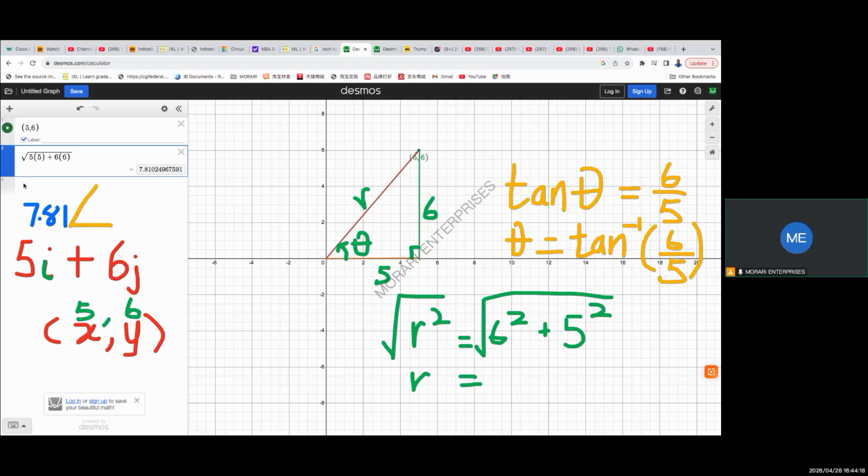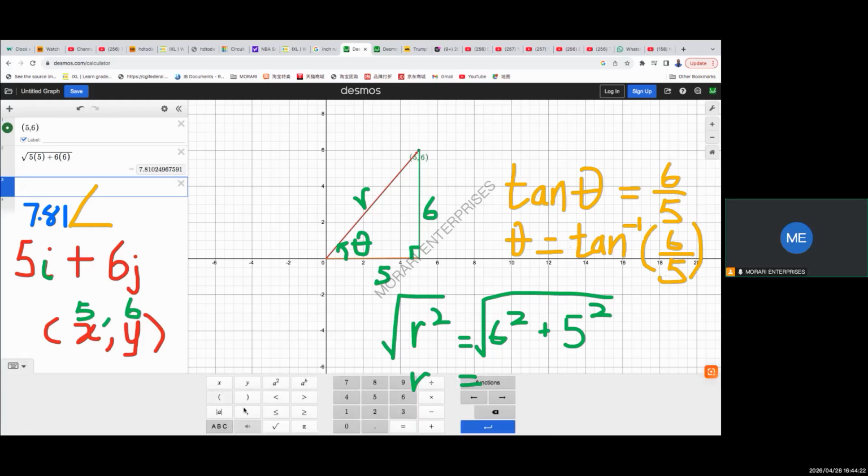So we come here on Desmos, we click here, and let's see our calculator down here. Our calculator is down here. We go to functions. We click functions here, and we can see tan inverse. That's that tan inverse. And then there we just put 6 divided by 5, and we have 0.876 radians.